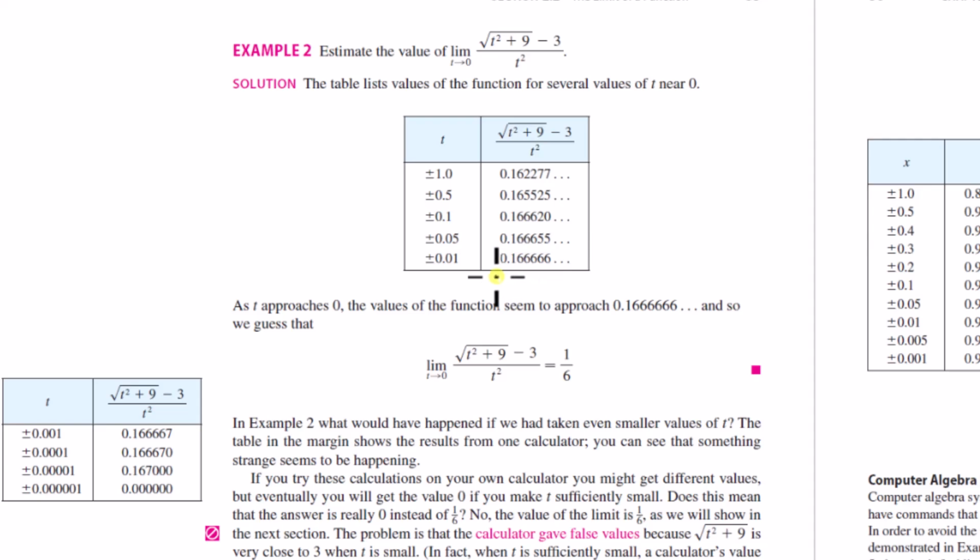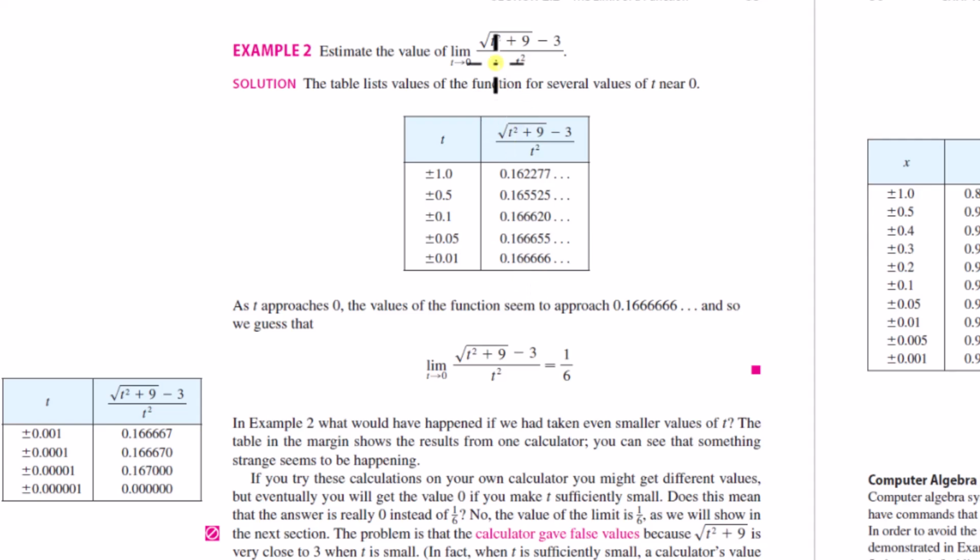It looks like 0.1666, that's 1/6, but in this case we're not going to be sandwiching 1/6 because we've got these t squared terms, right? It's not like when t is equal to minus 0.01 the output is approaching 1/6 from below, and when t is equal to positive 0.01 the output is approaching 1/6 from above.